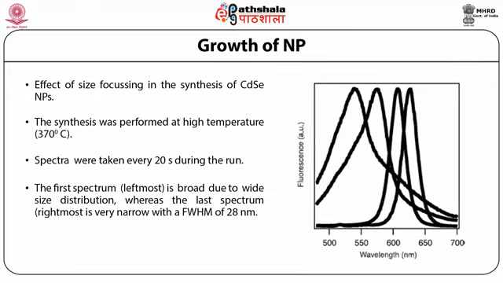In the case of fluorescent nanocrystals, the width of the fluorescence spectrum is a good indicator of the quality of the size distribution. Samples of cadmium selenide or cadmium telluride nanocrystals generally have a band line width of 30 nanometers or less, which in this case corresponds to 100 meV. This figure shows an example for the focusing of the size distribution.